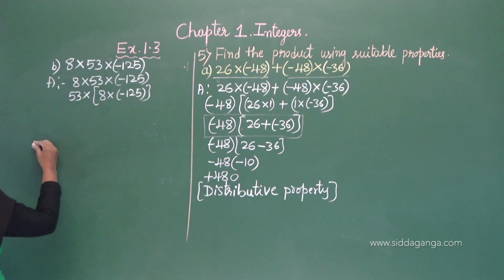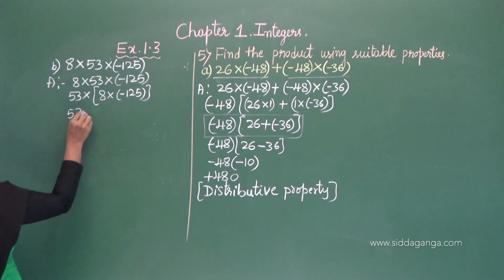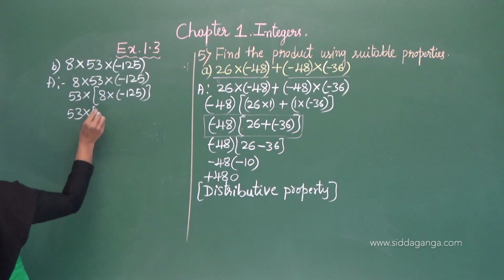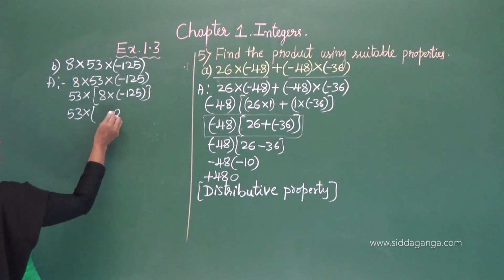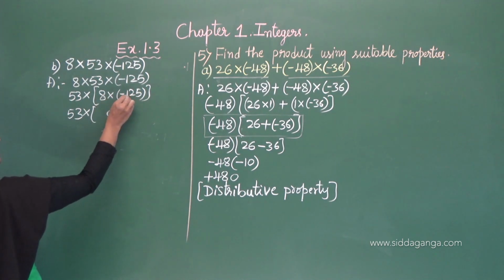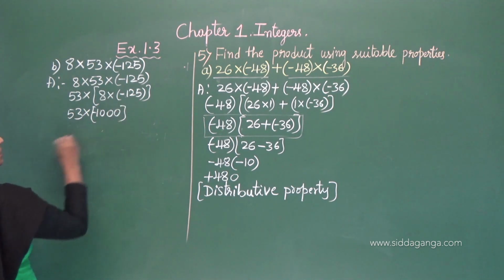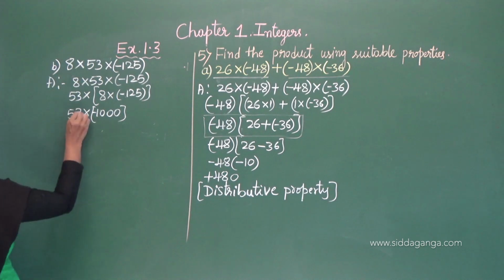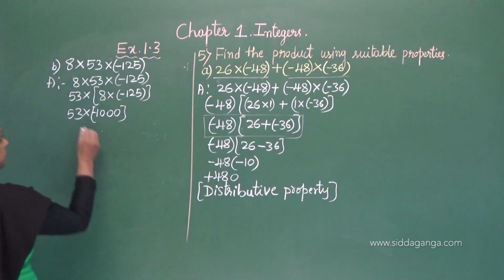I took these two numbers in one group. So I keep 53 as it is. 8 5s are 40. So keep 4. 8 2s are 16 plus 4 is 20. So remaining is 2. 8 1s are 8 plus 2 is 10. It's minus 1000. So it's easy to multiply with 1000.